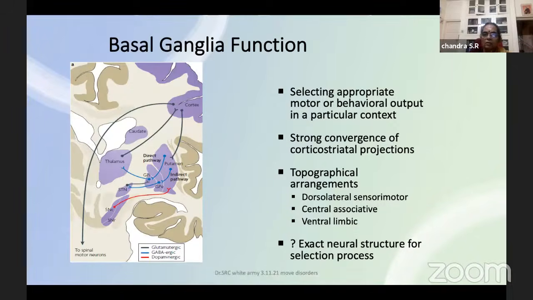And there is a strong convergence of corticostriatal projections from the cortex to control the cognitive aspect of motor function. And there is a topographic arrangement. So dorsolateral is sensorimotor. That is, the sensorimotor cortex has connection to the basal ganglia, because motor functions do not happen without sensory function.